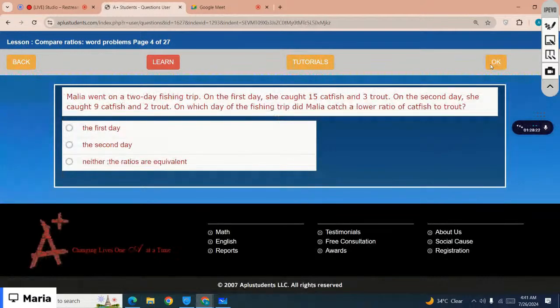Okay, Malia went on a 2-day fishing trip. On the first day, she caught 15 catfish to 3 trouts, and on the second day, she caught 9 catfish to 2 trouts. On which day of the fishing did Malia catch a lower ratio of catfish to trout?